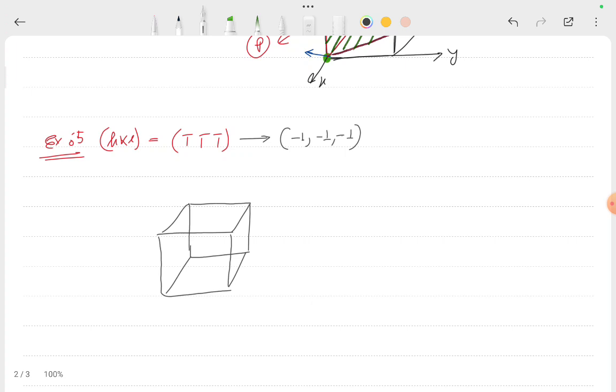We always take the origin there, and this is your positive y-axis, this is your positive x-axis, and this is your positive z-axis. Okay, clear?